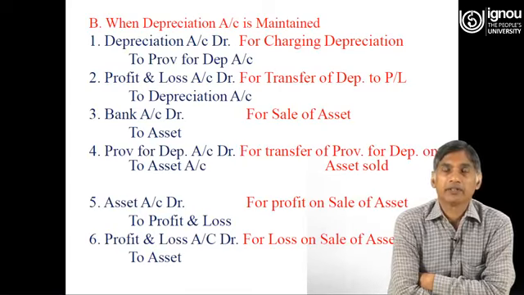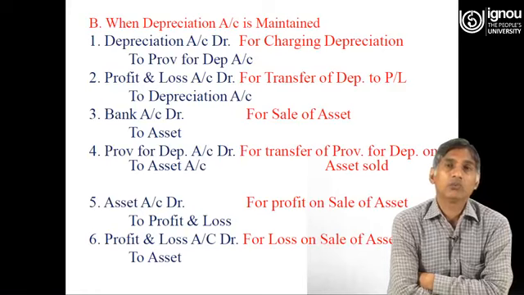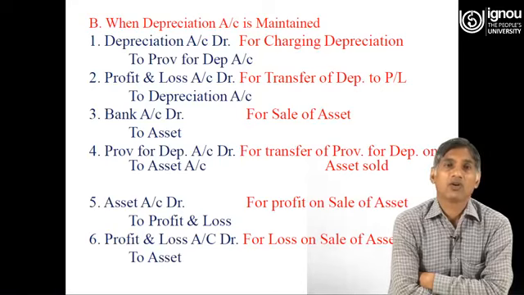So here, instead of charging the amount of depreciation directly to the asset, we charge the amount of depreciation to provision for depreciation. So here the amount of depreciation is not directly charged to the asset account. Then for transferring depreciation to the profit and loss account: profit and loss account debit to depreciation.